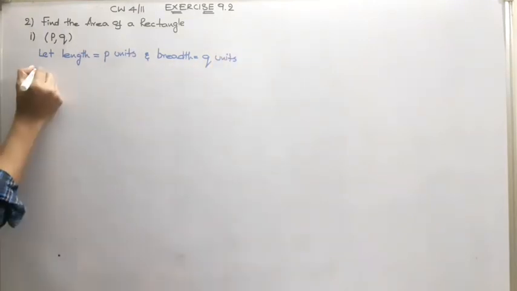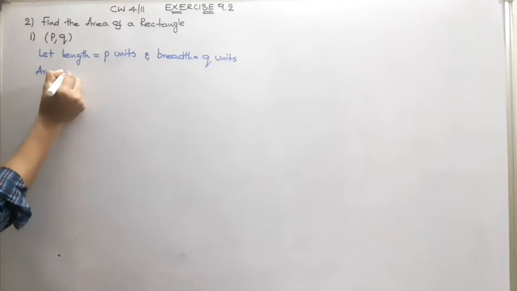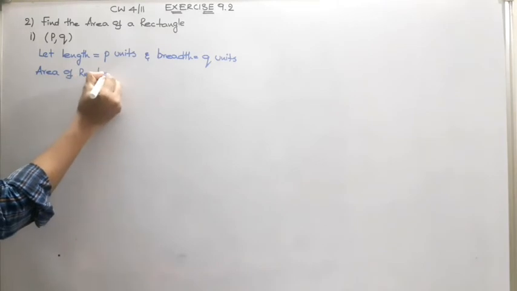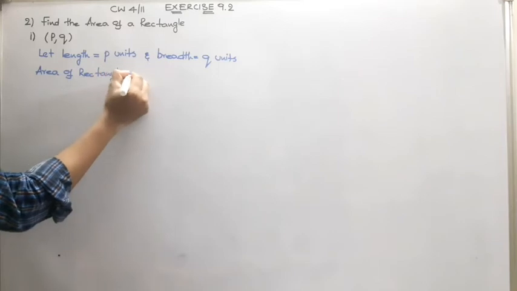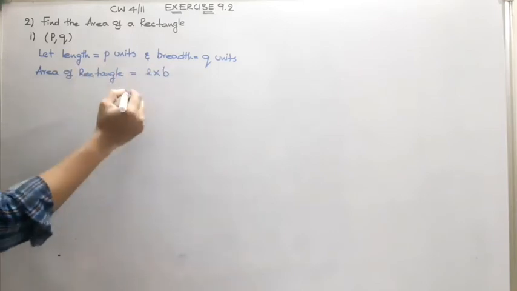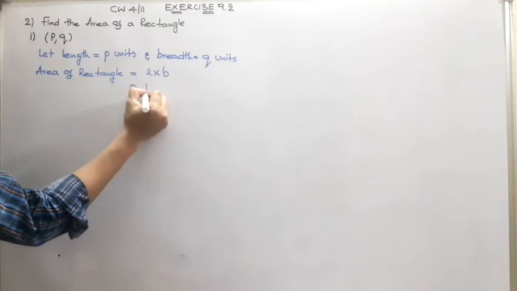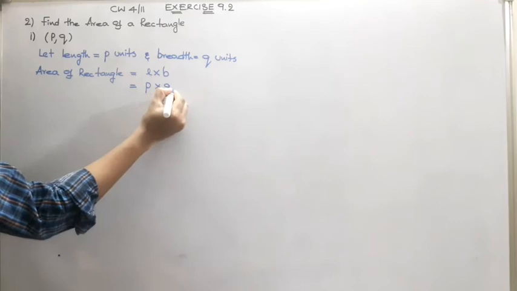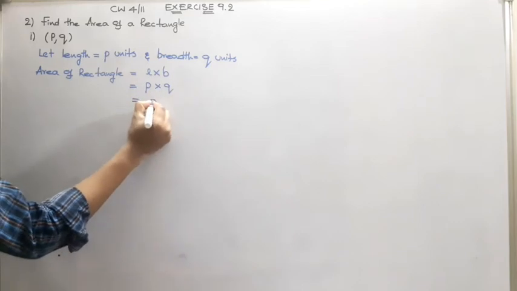Now area of rectangle formula. So area of rectangle is equal to, as you know, area of a rectangle is equal to L into B. That means length into breadth. So which is p already into q. p into q gives us pq.